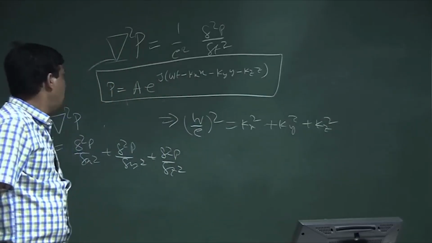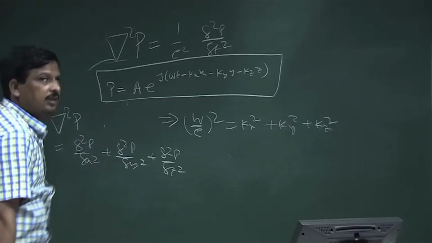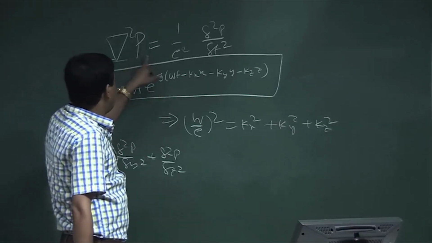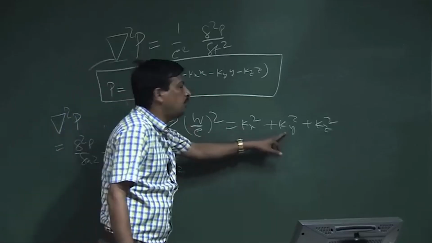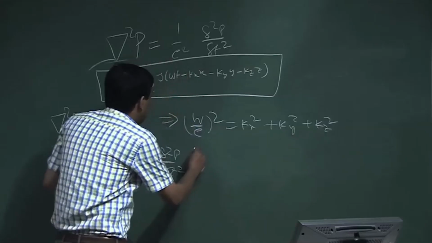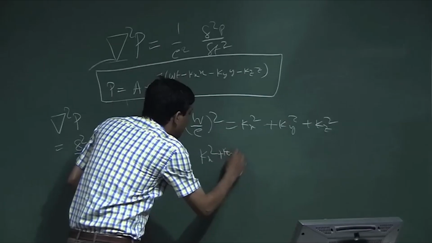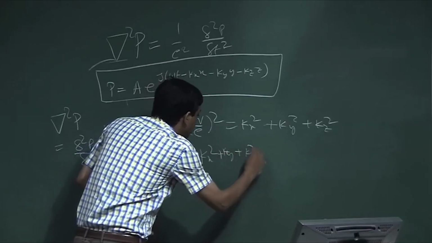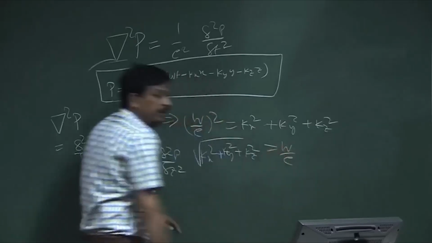So if I put this value in this equation, I will get omega by c whole square is equal to kx square plus ky square plus kz square. That means the square root of kx square plus ky square plus kz square is nothing but omega by c.